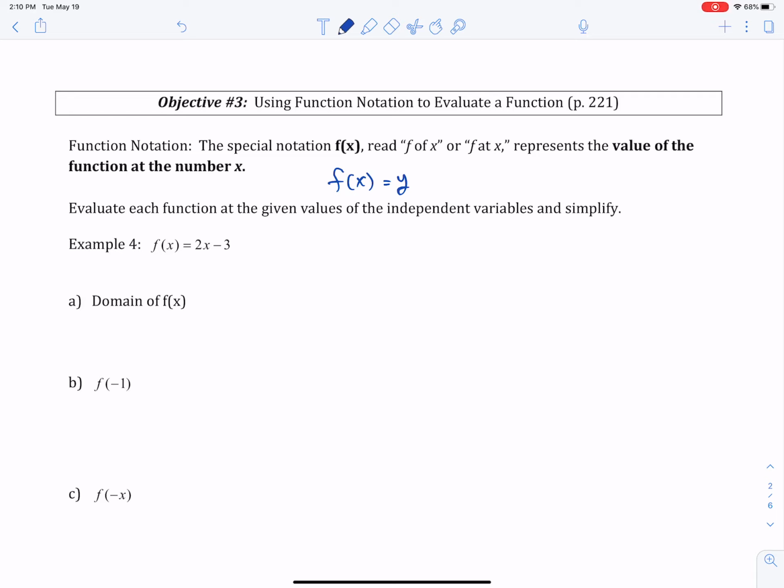We never say f times x. It doesn't mean that. It means what is the y value, the f value, for this specific x.